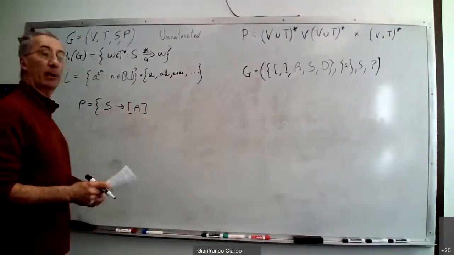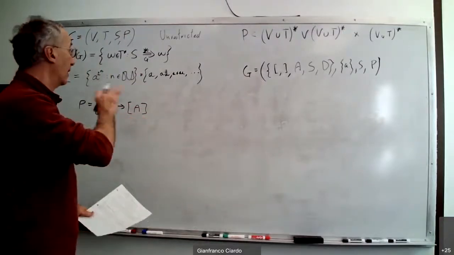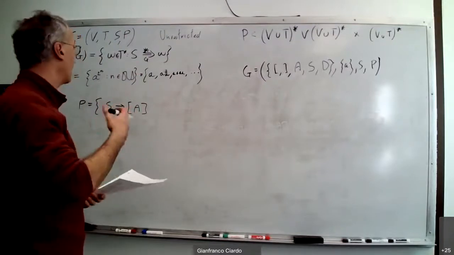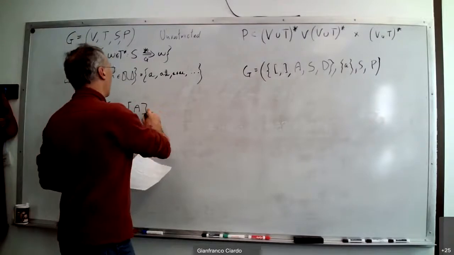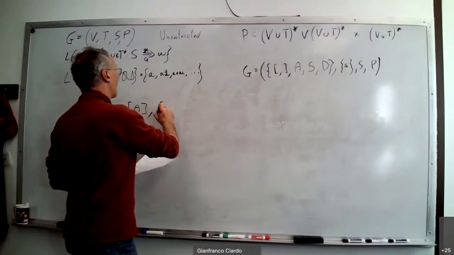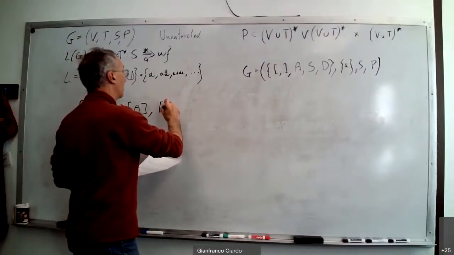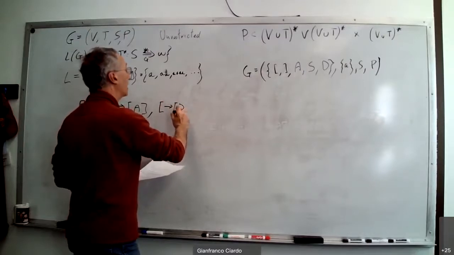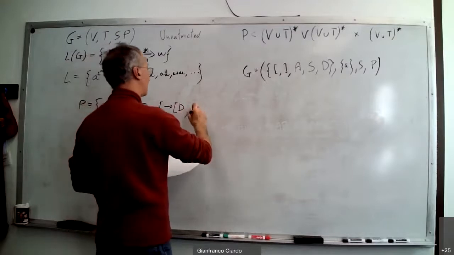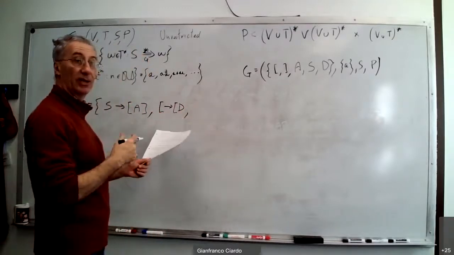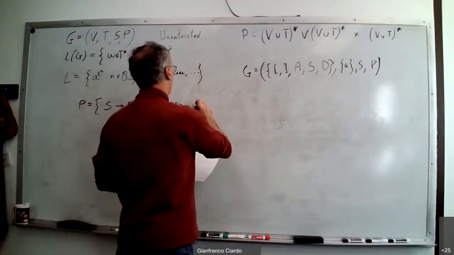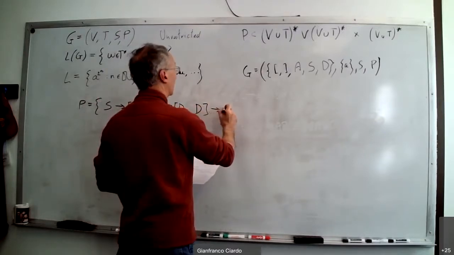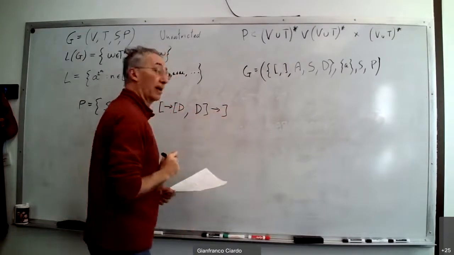But that's the only purpose of the S, just to get me the initial sentential form I want, which is bracket, A, bracket. Then, a left bracket can generate a left bracket D. And the right bracket can generate just a right bracket.